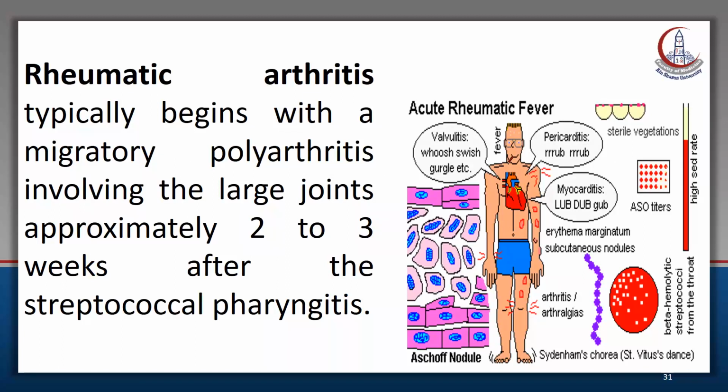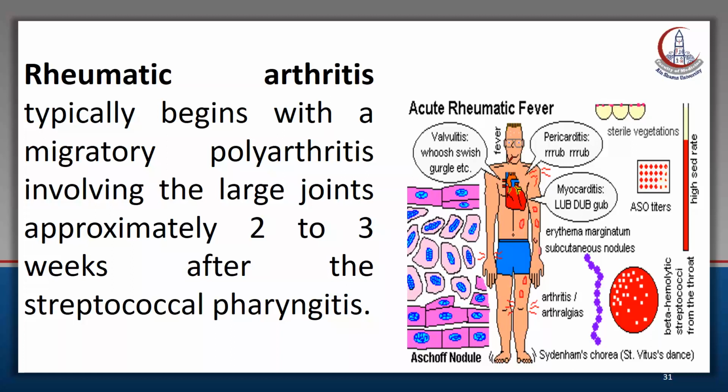Rheumatic arthritis. Rheumatic arthritis typically begins with a migratory polyarthritis, more than one joint, involving the large joints, approximately 2 to 3 weeks after streptococcal pharyngitis.